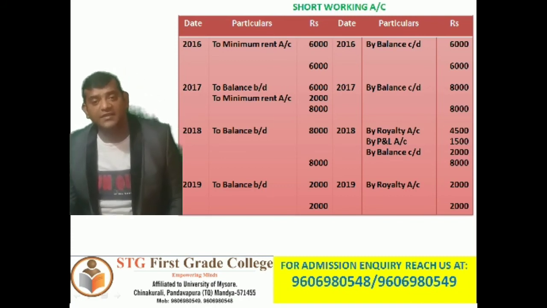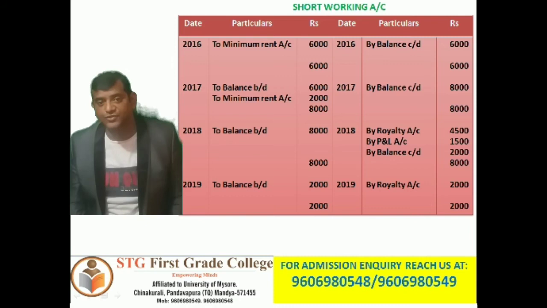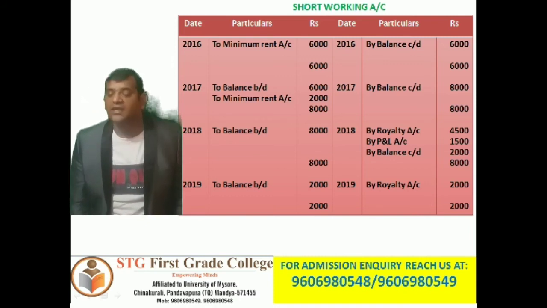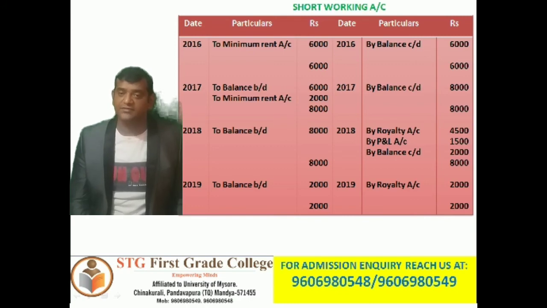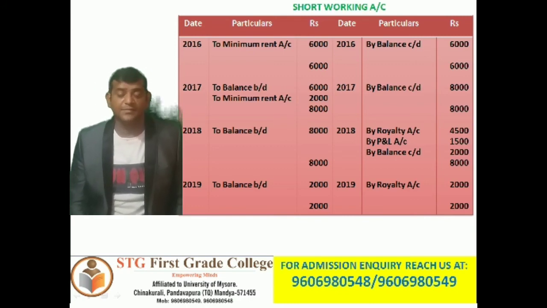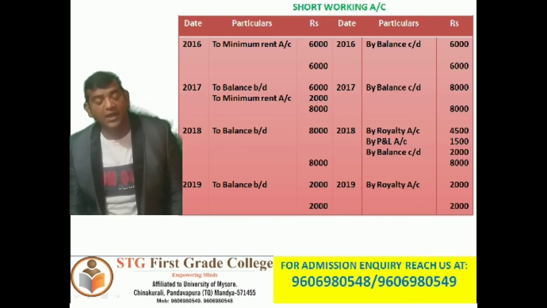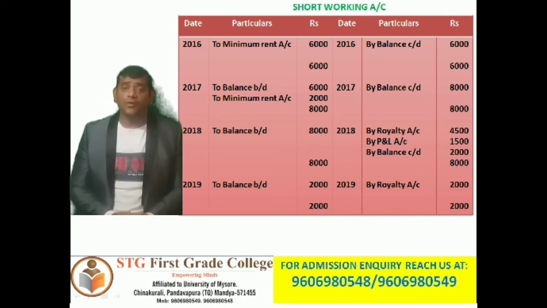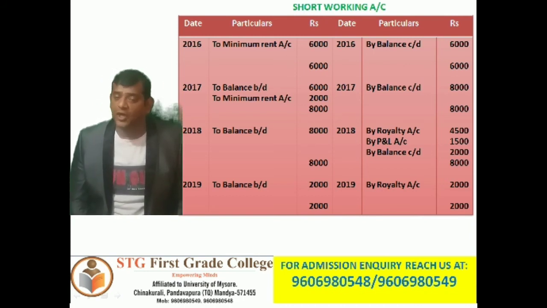So balance carried down will be the second year, that is, 2017 short working of 2,000 rupees. That 2017 balance shortage has been recovered in the year 2019 under by royalty account 2,000 rupees. So we are done with the short working account.